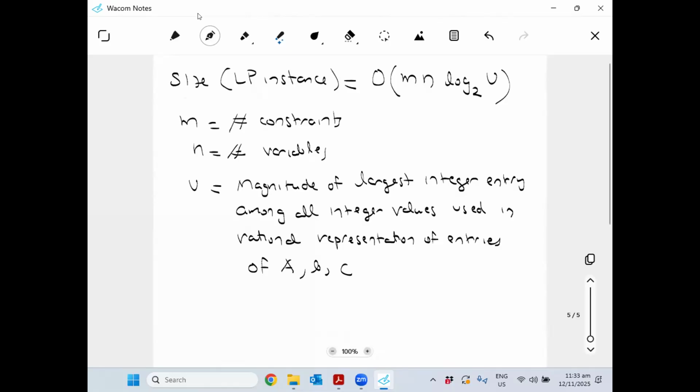So we want an algorithm that runs in polynomial time for LPs.